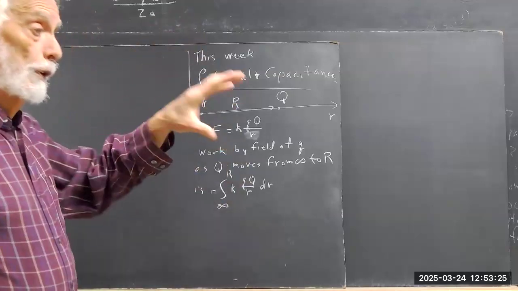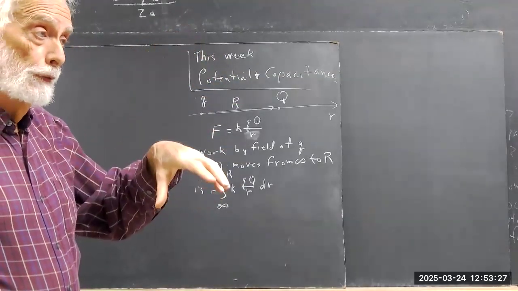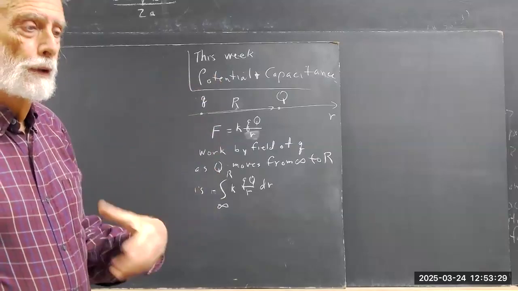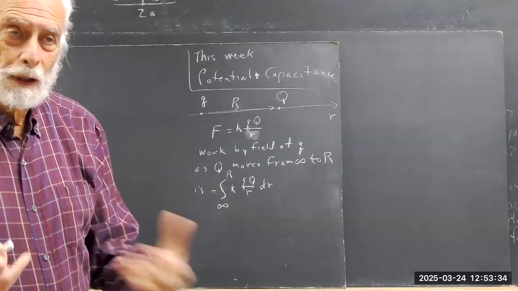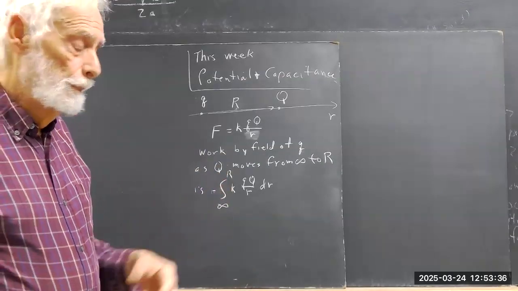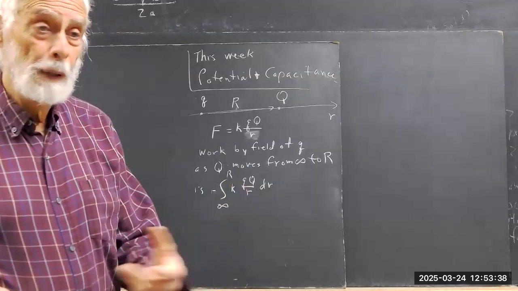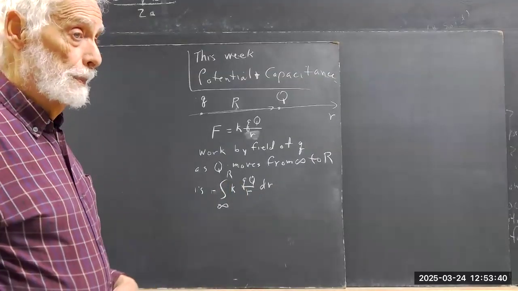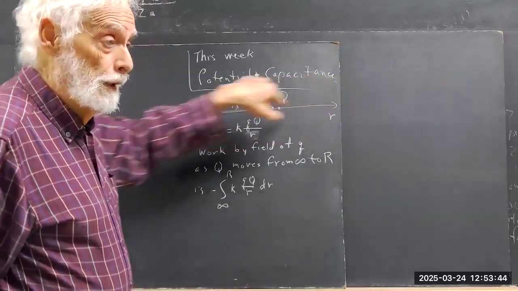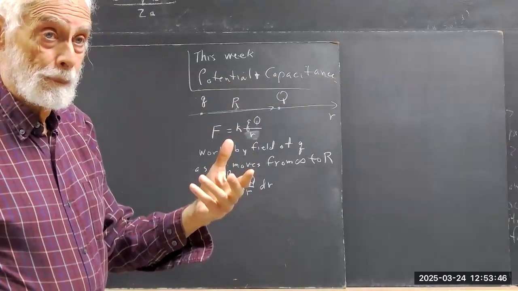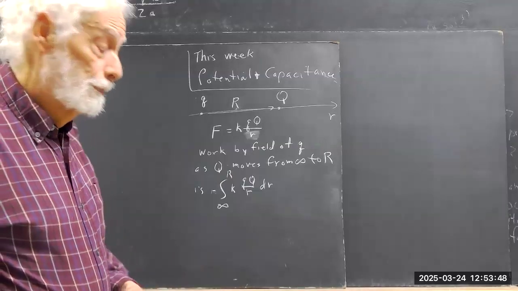This electric force being a conservative force, you know from multivariable calculus that the line integral of that force between any two points is going to be independent of the path between those points. So I'm simply going to choose a path along this line. I'm going to come in from infinity along the R axis.